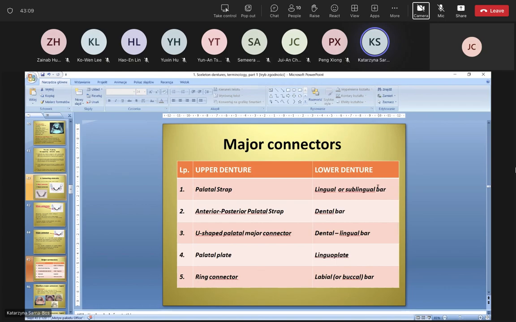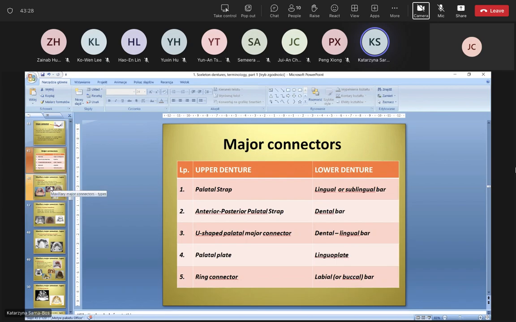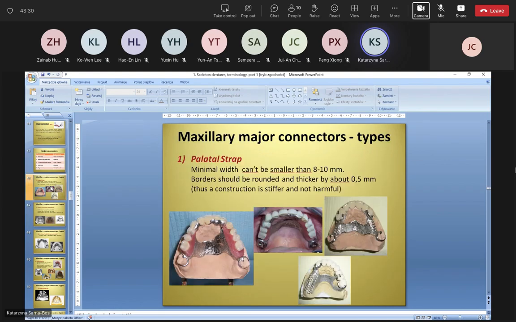In the case of the lower denture, these are the lingual or sublingual bar, dental lingual bar, lingual plate, labial or buccal bar. So now I would like to show you examples of such major connectors. Let's start from the upper connectors, maxillary major connector types.